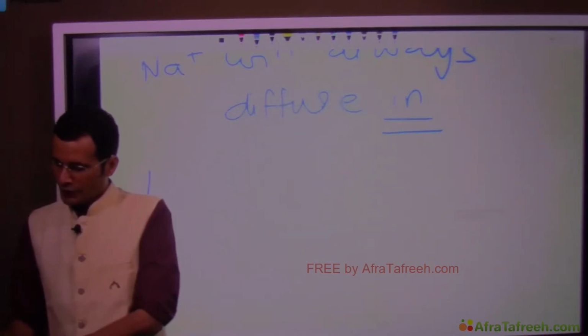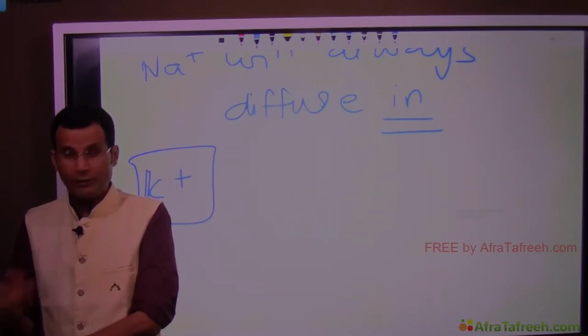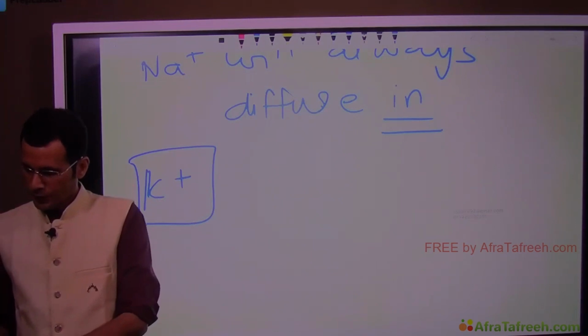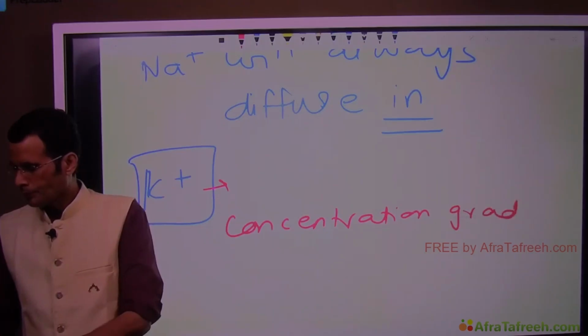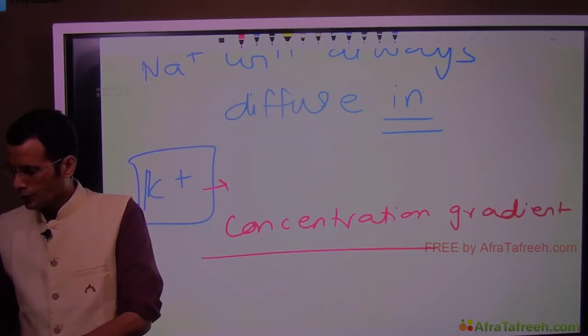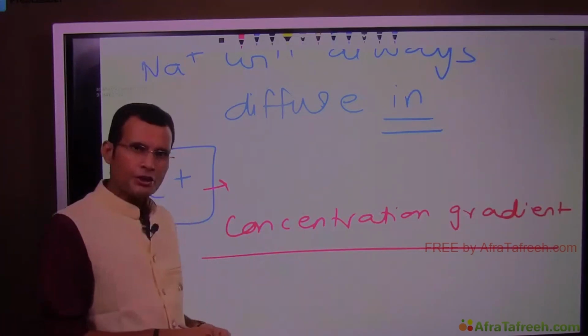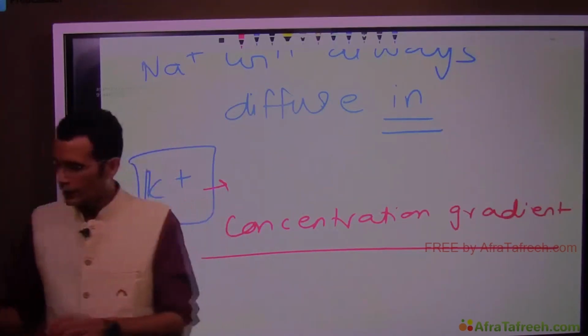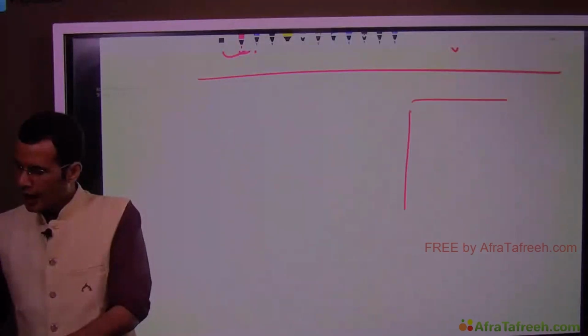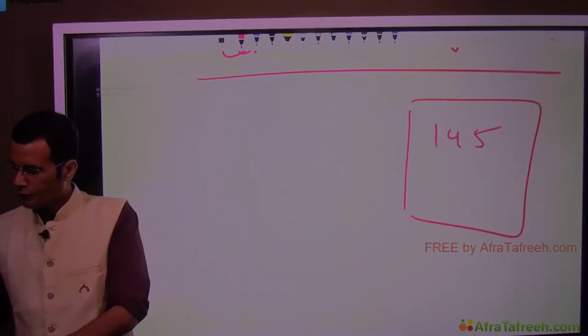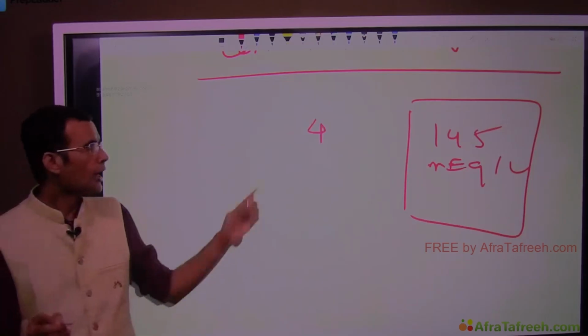Now coming to potassium, this will be interesting. What is the concentration gradient for potassium? Potassium is high on the inside, 145 milliequivalents per liter, and low on the outside.